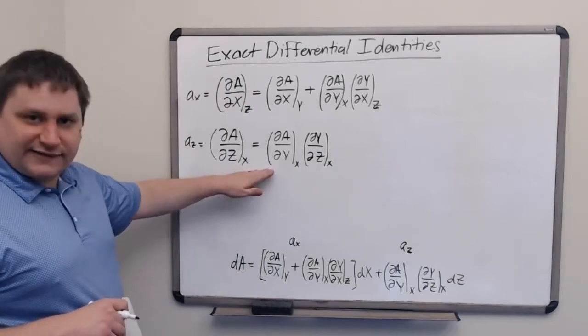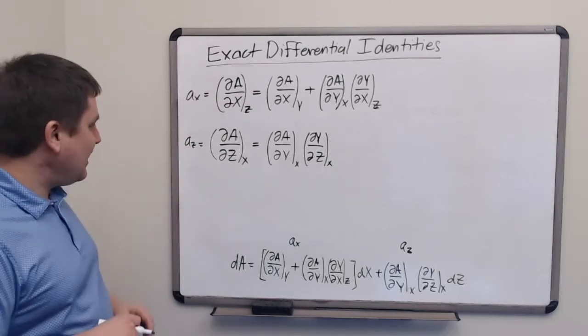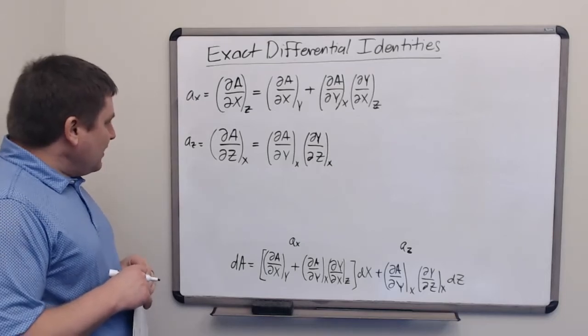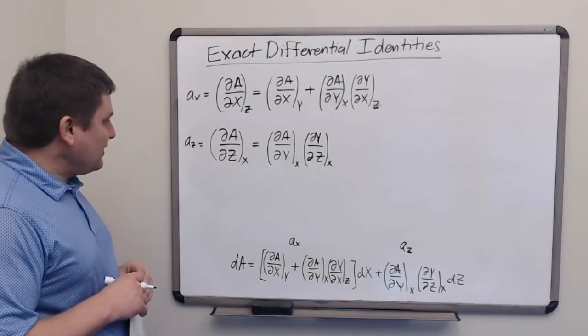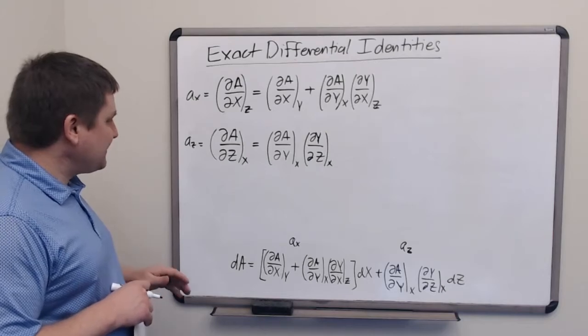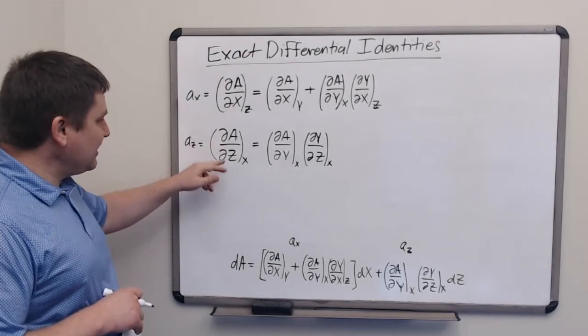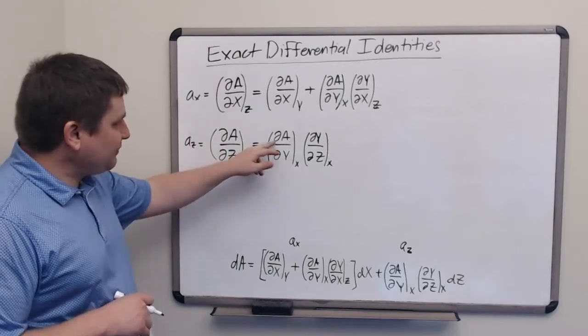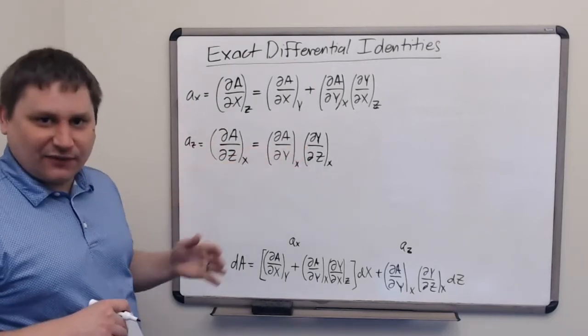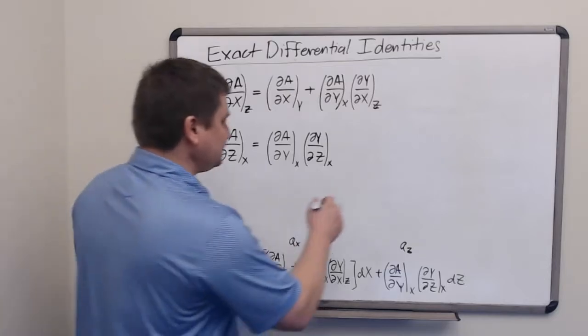Let's look at the one on the second line here first. If you recall your calculus, you'll notice that what this equation is basically doing is taking the dA over the dz and splitting it up with a dy in the middle. So this is the chain rule.